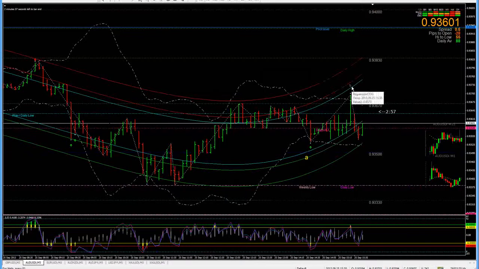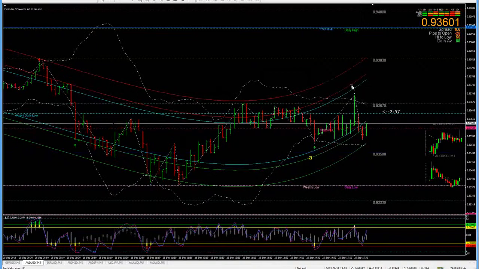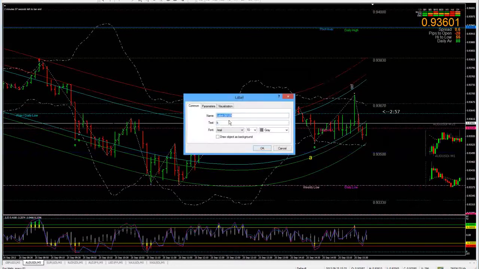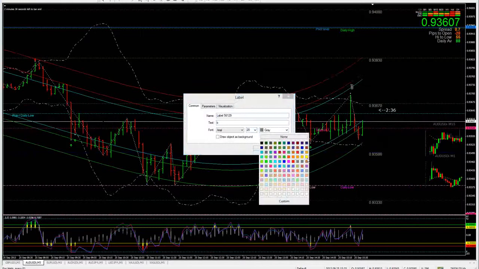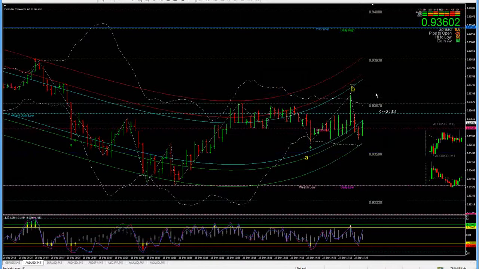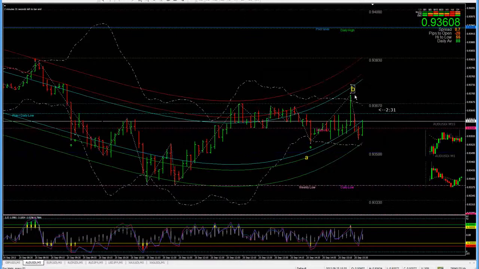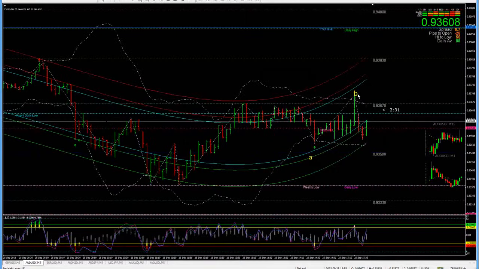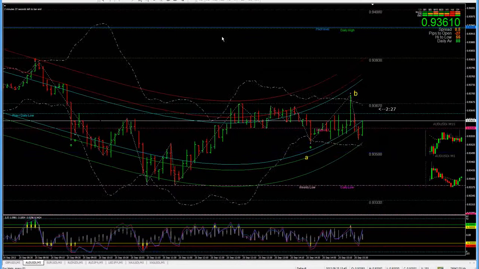Oops, let me recolor that. Sorry about that. Okay, so there's B. Let's make it nice and big this time, 20, and we'll go with yellow again. And we also have, I cannot move anything good enough for me.